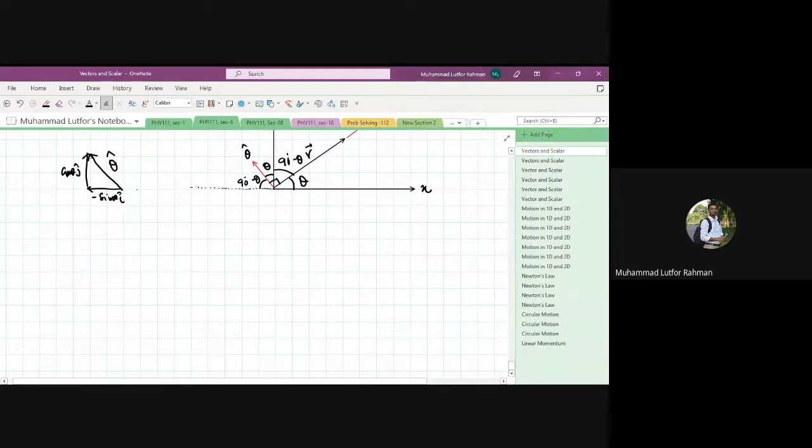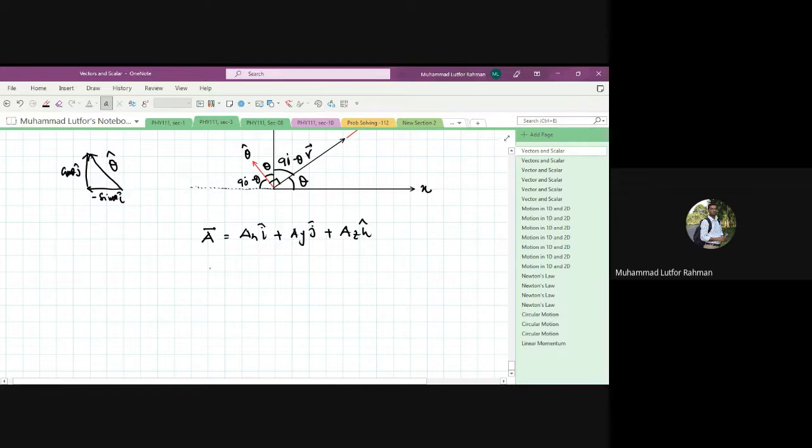All right. Now, if I write down a vector in the polar coordinate system, how do I write it? Because in the Cartesian coordinate system, I write, say, ax i hat plus ay j hat plus az k hat.